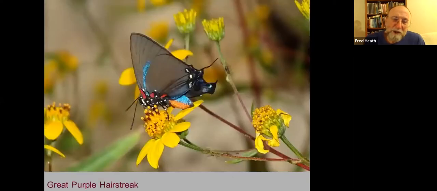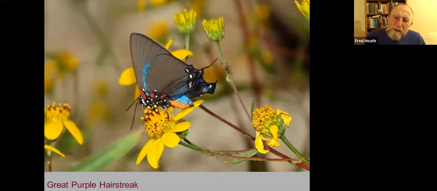I show this picture, great purple hair streak, to lead into another one. This is another one that has a lot of stuff going on back here. And so it looks like it might be antenna, and there's some bright colors here, maybe look like eyes. Meanwhile, the eyes are down there. But the other thing about this butterfly, which is nectaring on what is it, Brittle Bush probably, is that its host plant is mistletoe, especially desert mistletoe down here, but it uses the other mistletoes up higher.